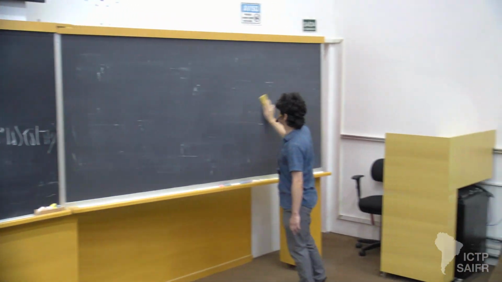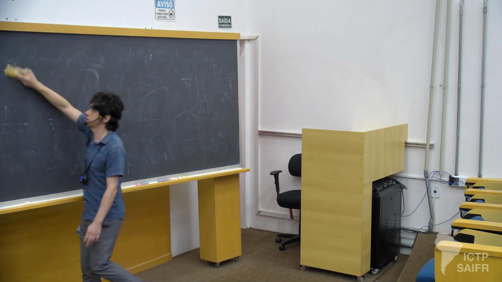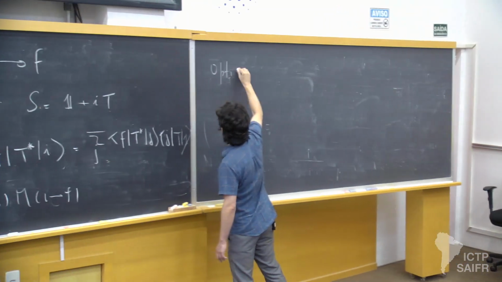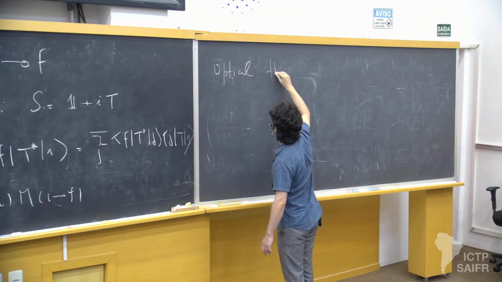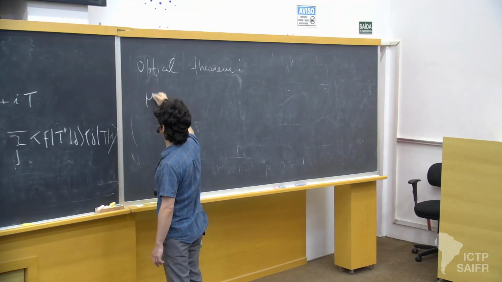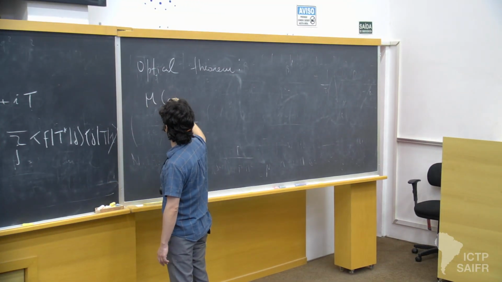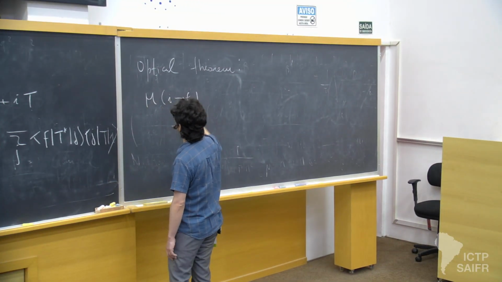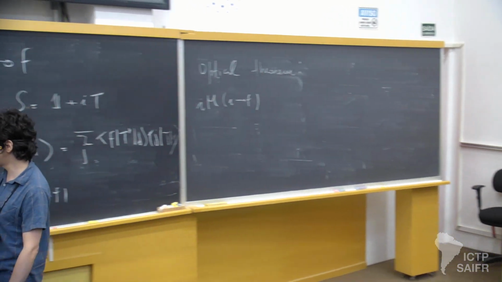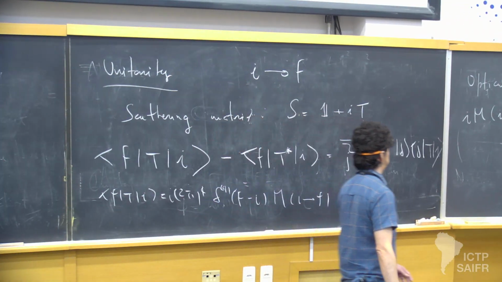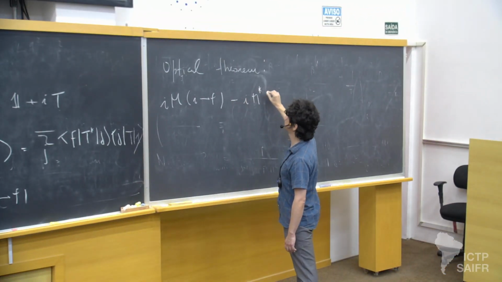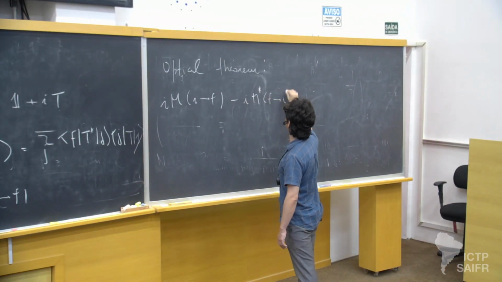So we will obtain this here: the optical theorem, or generalized optical theorem. There's an i here. It's just a phase, but anyway.